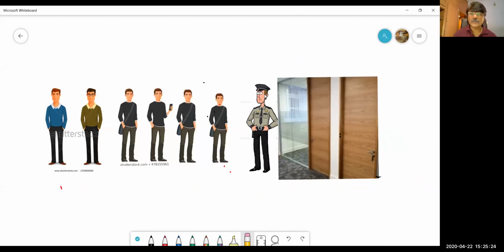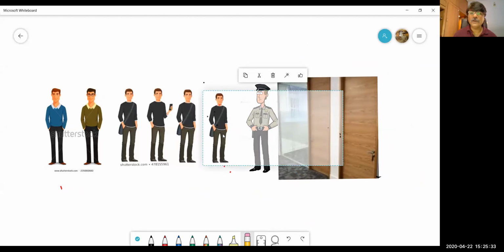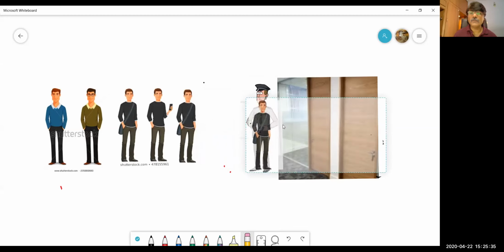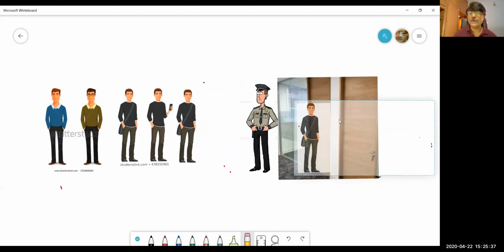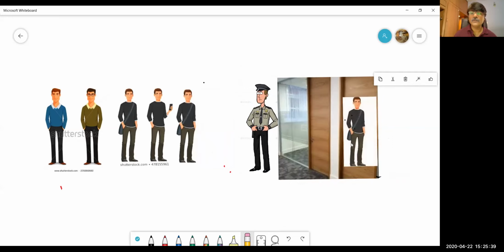Now let me say this security guard here is a semaphore, and anybody who wants to use the resource uses the wait and signal operations of the semaphore. So the security guard will give permission to only one person to enter the office, and after using the resources, this person can exit.